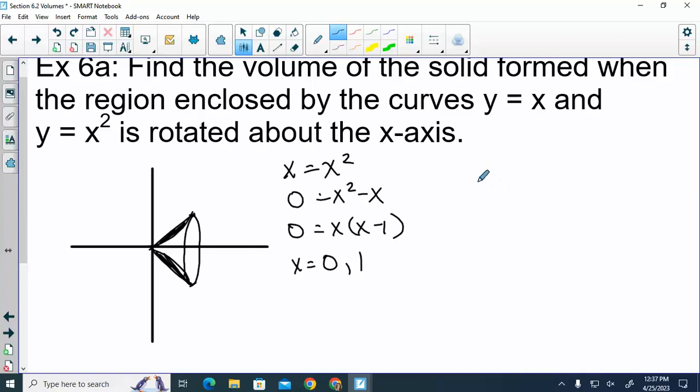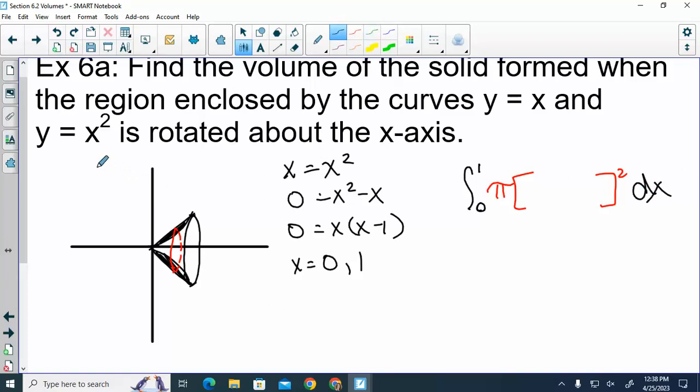Alright, so I'm going to integrate from 0 to 1. What kind of shape would a cross section be? Still circular. So that's pi radius squared, and we're doing it all in terms of x, so dx.